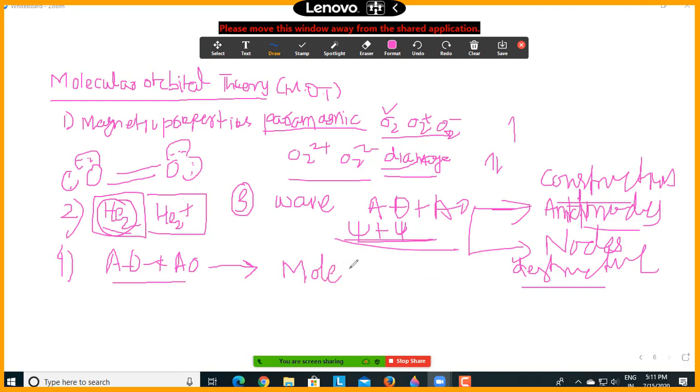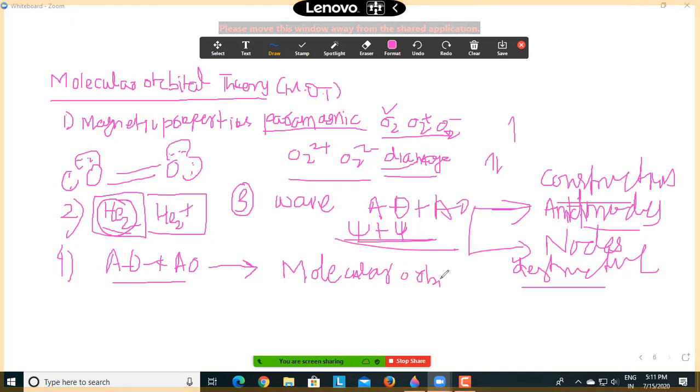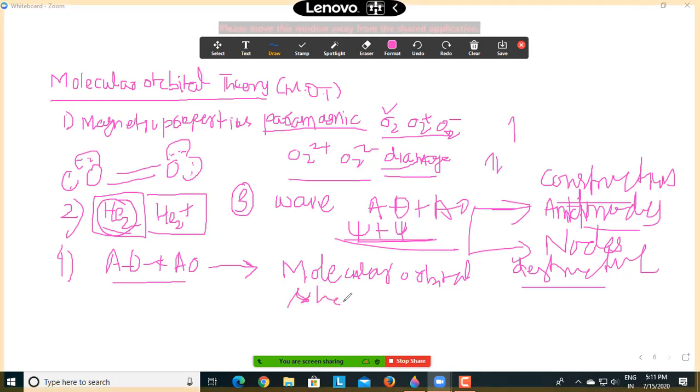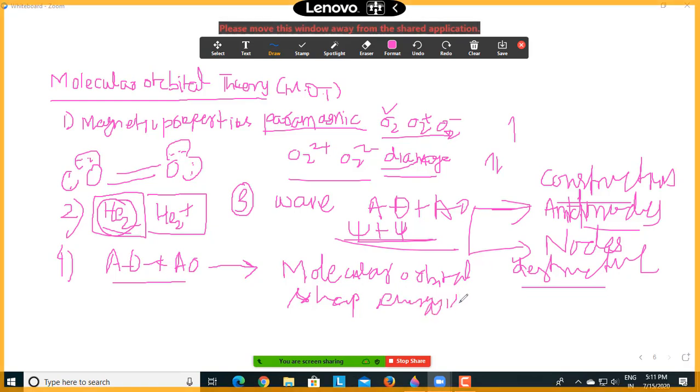The molecular orbital shape, energy, stability, and electron overlapping should definitely be different from the atomic orbital, and the properties should be changed. Properties will not be the same. That is the drawback that we have not taken into consideration.